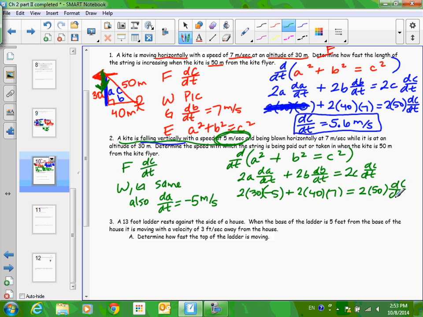So I want you to do the calculation again to find dC over dt. I know this isn't the easiest thing in the world, but it will get easier, but you have to practice it.